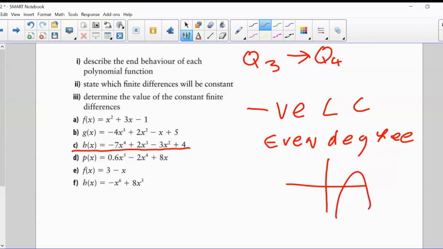Because remember, a quadratic function is an even degree function, is it not? Isn't quadratic even? Right? And if it has a negative lead coefficient like a negative a, it opens down, correct? Okay, so that goes from 3 to 4, and that's why this goes from 3 to 4.